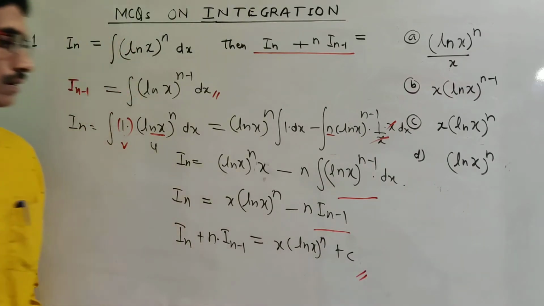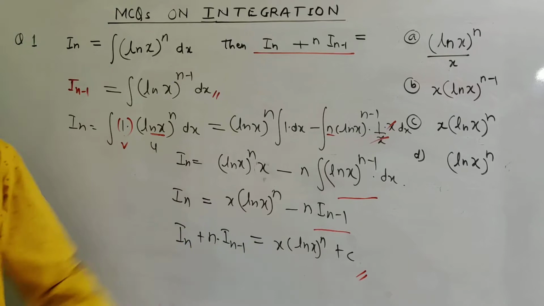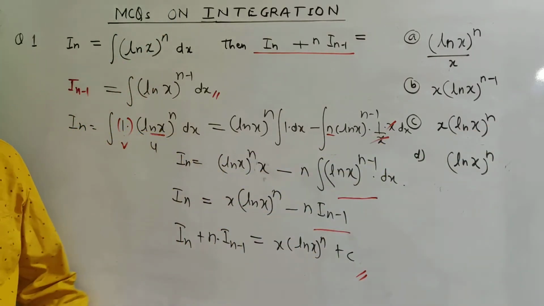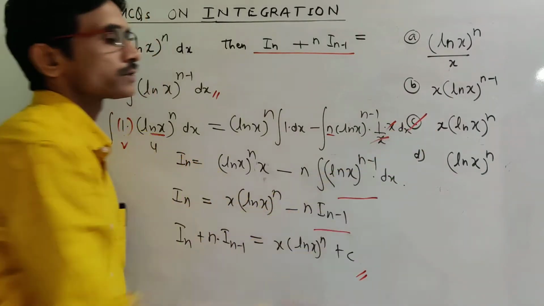So x into (log x) raised to power n, that is the correct option, that is C.